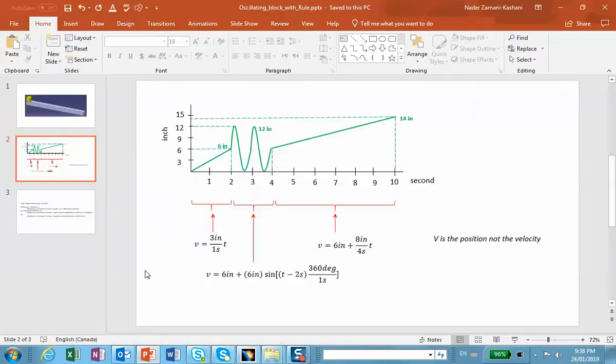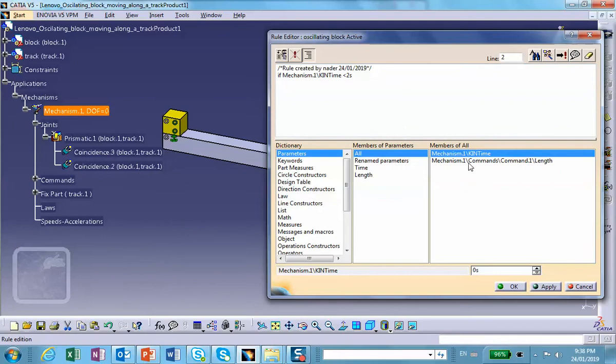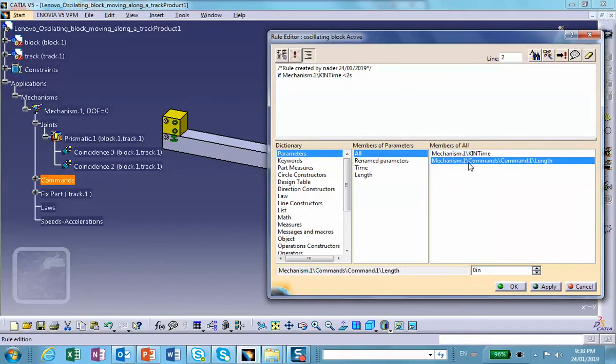If the time is less than 2 seconds, the position is 3 inches over 1 second times t. So then the position. Now this is the command for the position. So I can write it here. I'll go to the next line. Equal to.